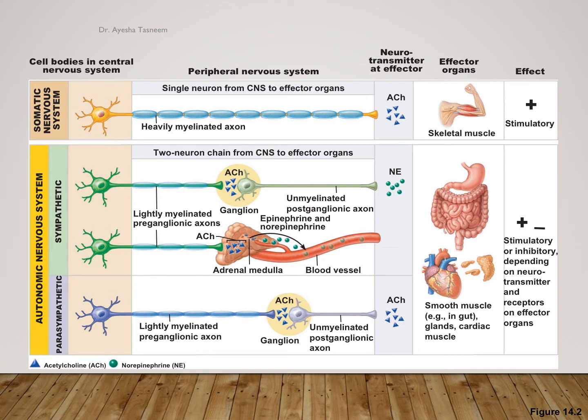Here you can see this is the somatic nervous system. Its effector organs are the skeletal muscles, while in autonomic nervous system the effector organs are cardiac muscles, smooth muscles of the body, then glands of the whole body.